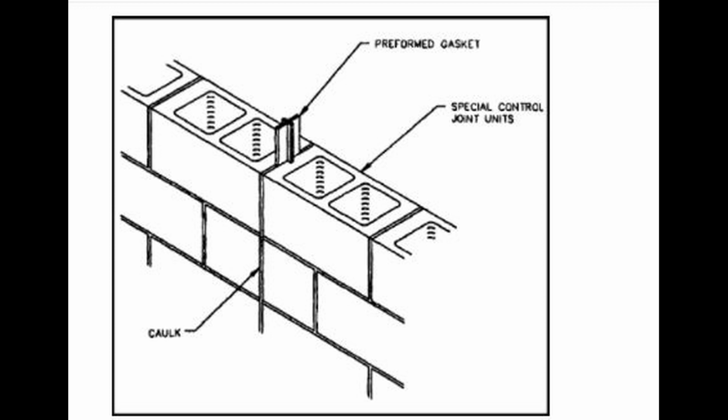They are incorporated to accommodate the movement of the concrete masonry wall or those of structural elements adjacent to walls. Control joints are useful to relieve horizontal and vertical stress due to loading.